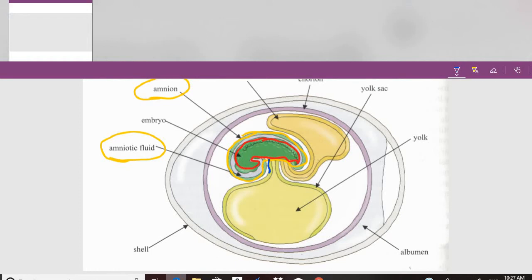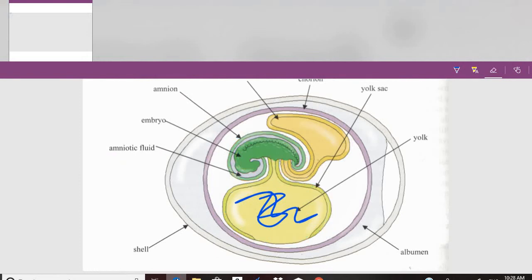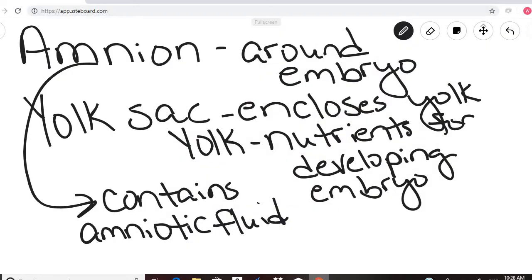Here, that I'll outline in blue, is the yolk sac, and inside the yolk sac is the yolk, which, as we said, provides the nutrients for the developing embryo. So the amnion, the amniotic fluid, the yolk, and the yolk sac.